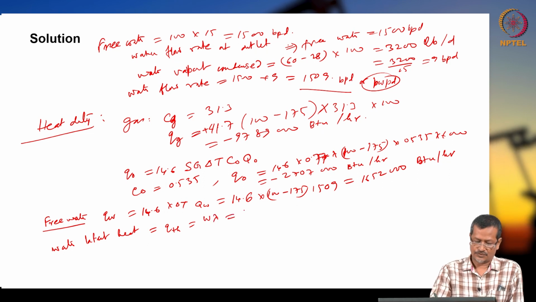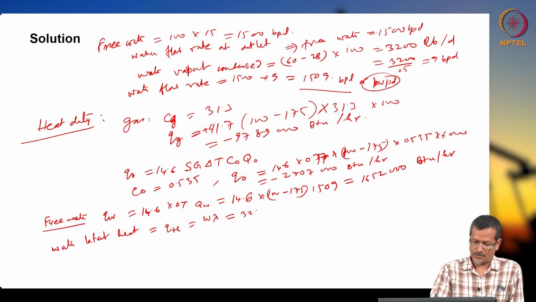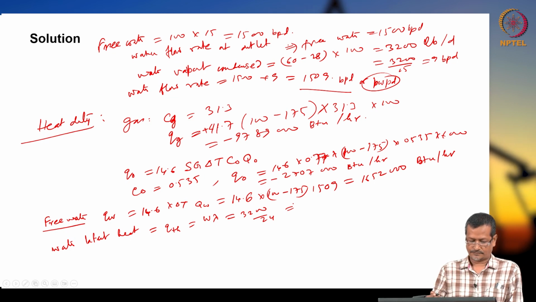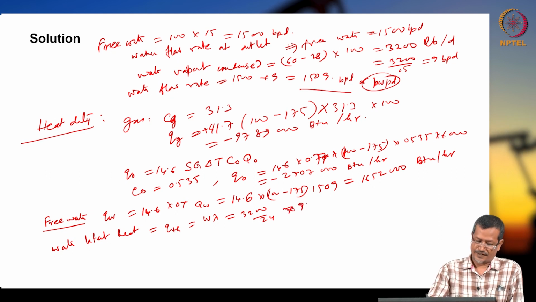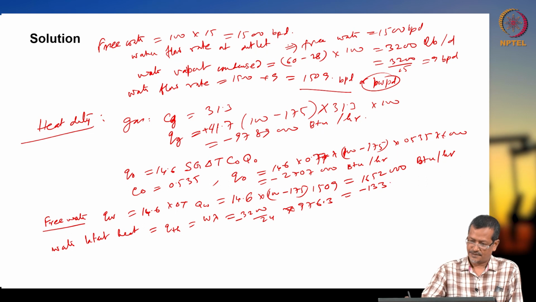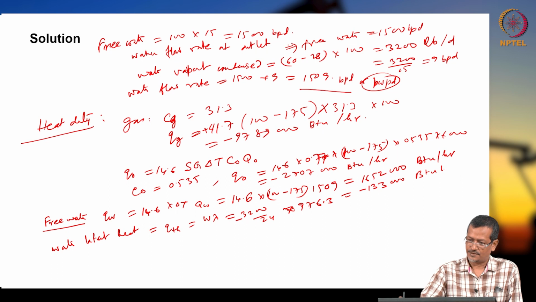If I put the values, 3200 divided by 24 equals 133, okay, into 976.3. So, it is coming minus 133000 BTU per hour.